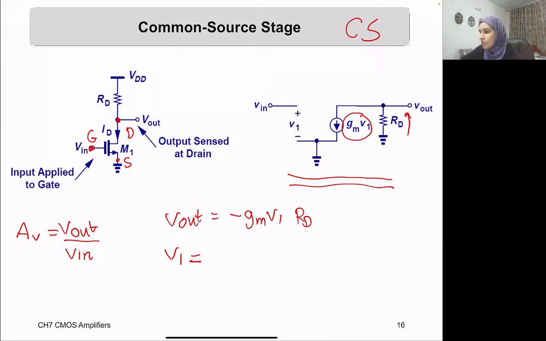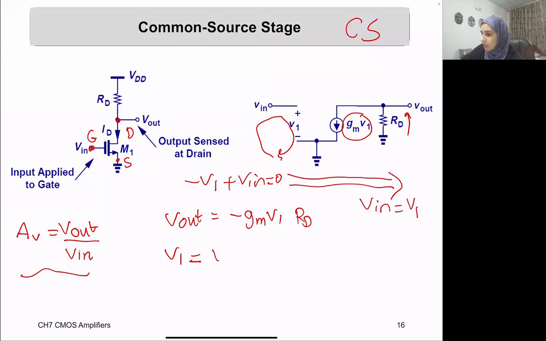So how is V1 related to Vin? You can see that if we make in this loop a KVL, we will have minus V1 plus Vin equals 0. And this gives me that Vin equals V1. So I can simply replace it here, and we will get Vout equals minus gm Vin times RD.